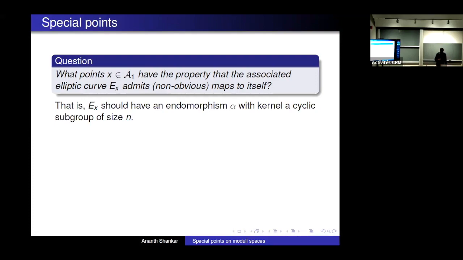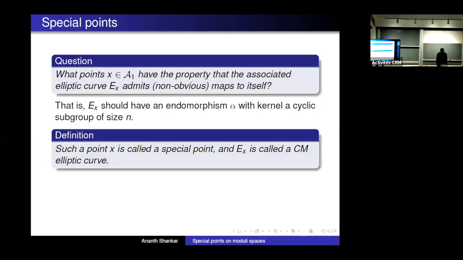Now, let's define a point on the modular curve to be special if the elliptic curve it parameterizes has such an extra endomorphism. Such an elliptic curve is called a CM elliptic curve, CM standing for complex multiplication.